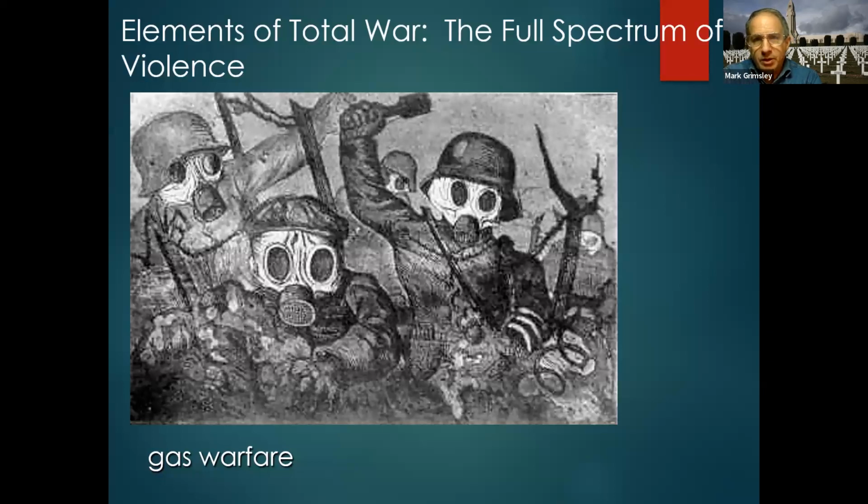But probably the most graphic and disturbing element of the impact of the chemical industry on warfare is the use of gas warfare. This was used by the Germans for the first time in April 1915, when they had brought canisters of chlorine gas to the front lines and released them, and this gas went across no man's land to enemy lines, and the soldiers on the other side had no idea what was coming.